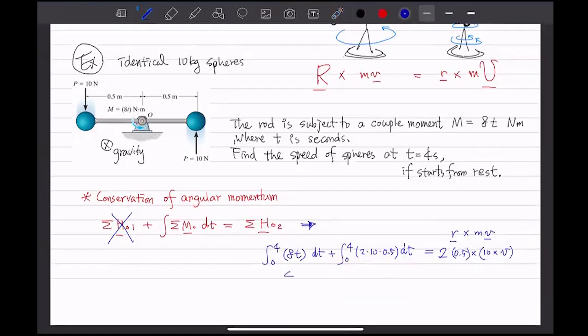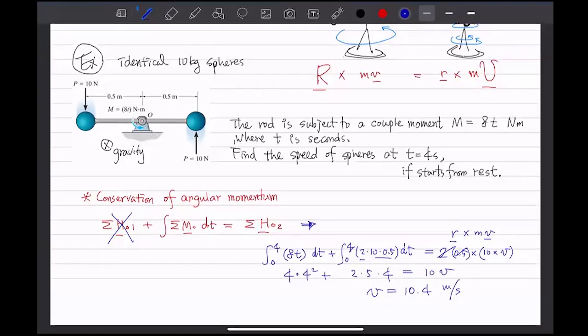Okay, so if we solve the equation, 4 times 4 squared plus 2 times 5 times 4 seconds is going to be, these 2 go away, and it's 10 V. So V is going to be 10.4 meters per second.